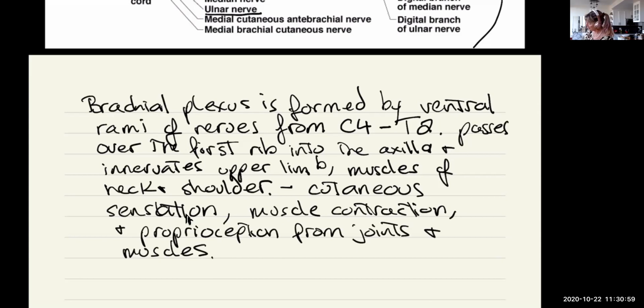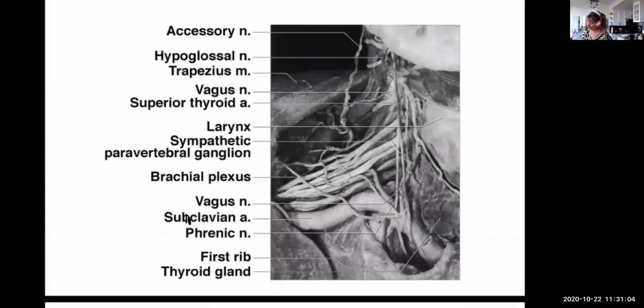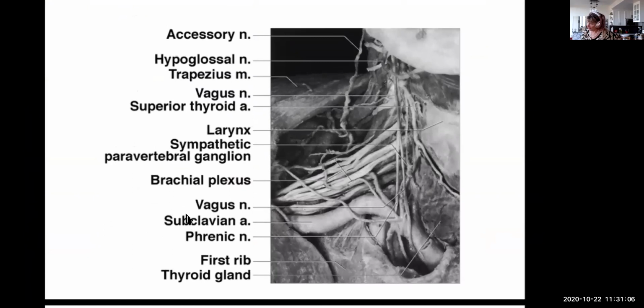Yeah. So the brachial plexus, here's a dissection, shows where the nerves are here.